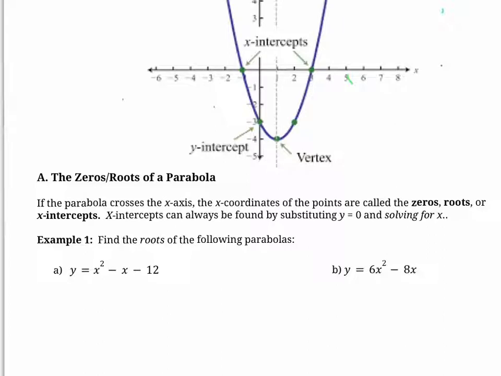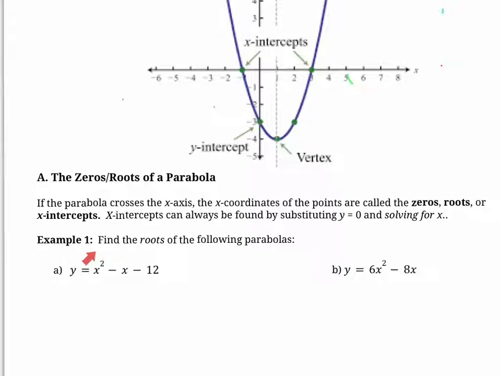So if a question asks, find the zeros of this parabola, that means find the x-intercepts. Also, if a question says, find the roots of a parabola, that means find the x-intercepts. We're going to practice using these words interchangeably. Zeros, roots, and x-intercepts all mean the same thing.